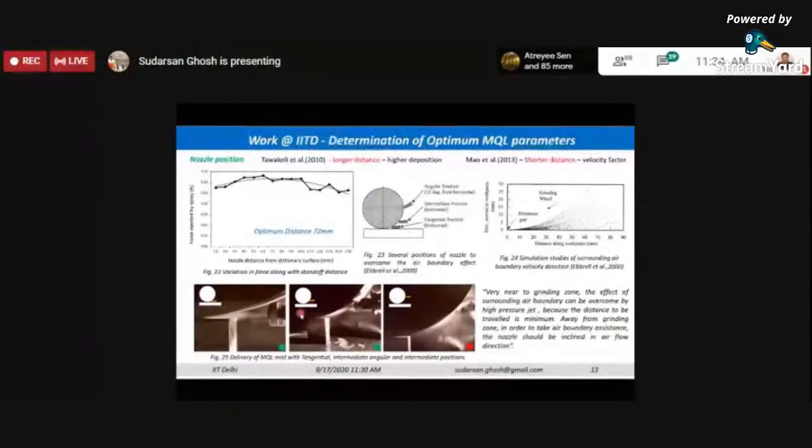We could have chosen 150 millimeter, but that is a larger distance, and traversing it may require more pressure. Our restriction was that we could not go beyond 8 bar pressure. So that is why we chose this optimum distance as 72 millimeter.